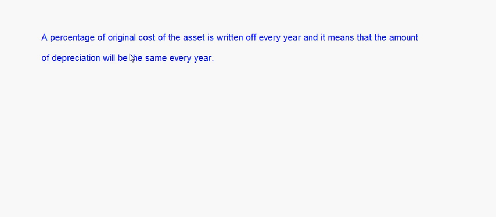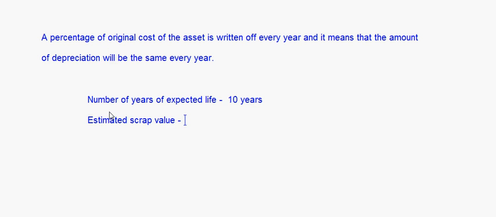Now supposing we are given the number of years of expected life. This is for the asset. Suppose let's say it's 10 years for an asset. Fine. Okay. And the estimated scrap value is given. So after the end of 10 years, what is the estimated scrap value for the asset?